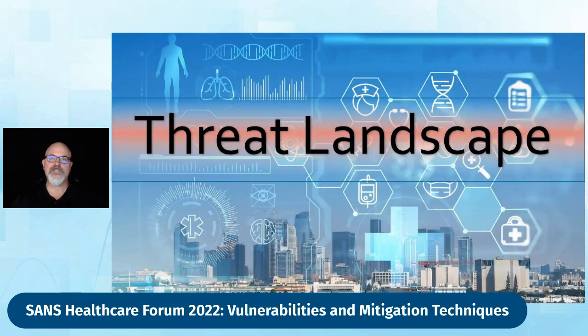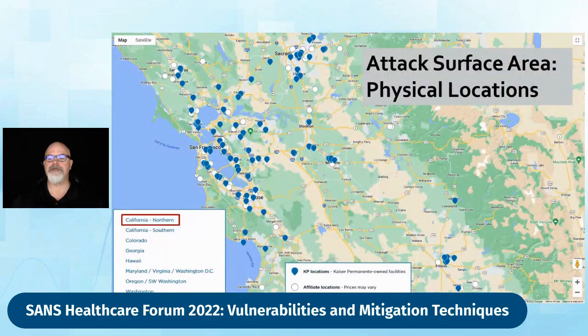So when it comes to thinking about the threat landscape, the first thing that I think of is just the massive physical attack surface area that healthcare providers have. After all, to be effective, healthcare must be accessible. This means public locations that are concentrated in the population centers that they're serving.